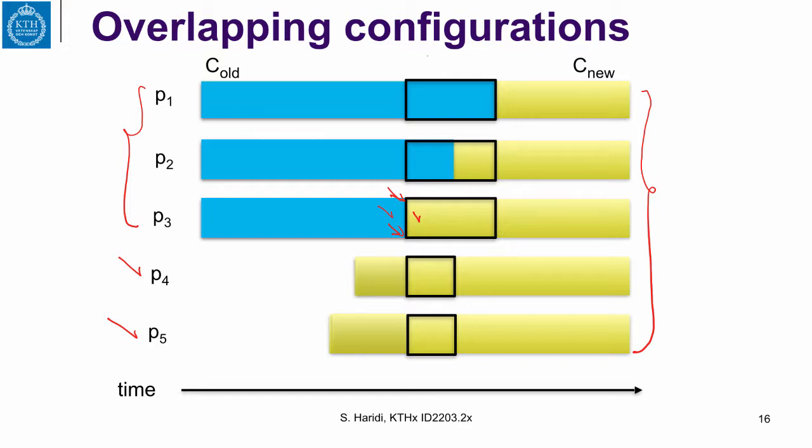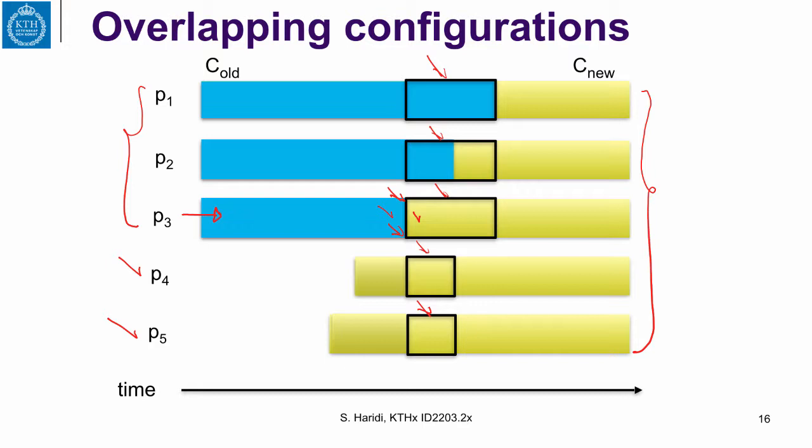The black boxes here represent a situation where both configurations overlap, and if we use P3 as a leader, then it is a leader in 2 configurations. But observe, it's a leader in 2 configurations with different replicas. The replica instances in the blue configuration are different from the replica instances in the yellow configuration.